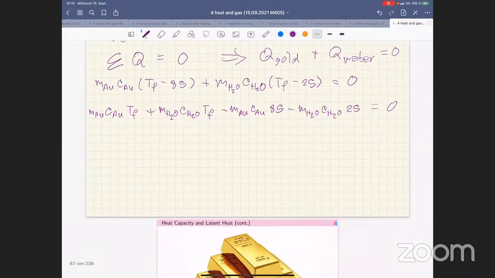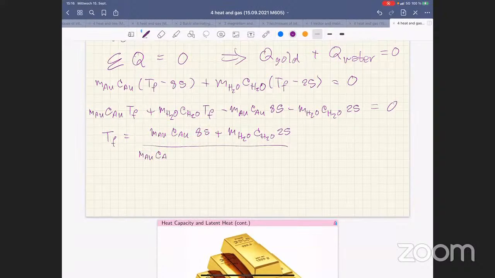You would get TF, the final temperature, as M AU C AU 85 plus M H2O C H2O 25, divided by M AU C AU and, oh no, there's no TF at all.